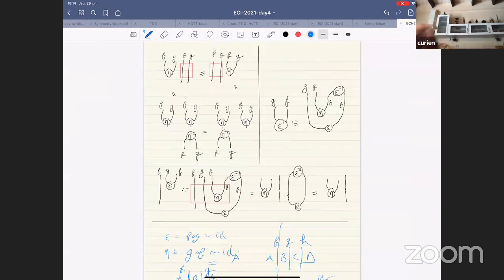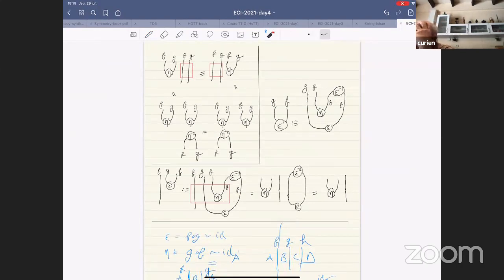So I have at my disposal eta and epsilon, and I can combine them in this way. You can read, and there is a notion of type checking for these diagrams. So you need to check that locally everything is correctly typed. So this epsilon has to take a G and an F, etc. You have to make type checking everywhere. So you can assemble epsilon, eta and epsilon^-1 in this way, and it works.